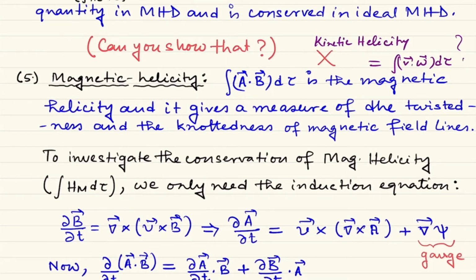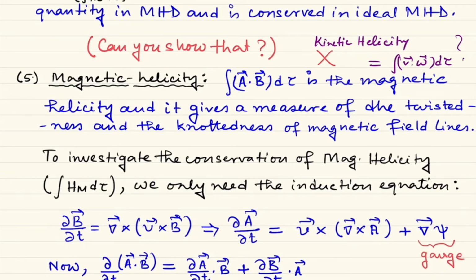So this is quite a non-trivial subject. If you are interested, you can search on the internet. I have not yet introduced it, but it is very interesting to see that helicity has a very important role in both plasma turbulence and normal fluid turbulence.